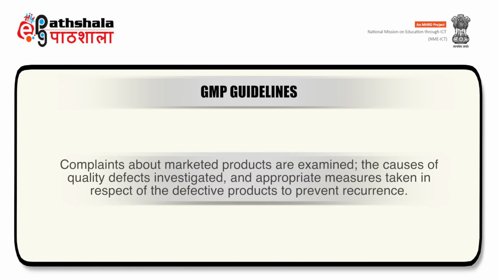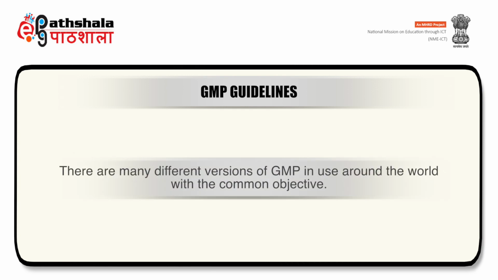Moreover, complaints about marketed products are examined, causes of quality defects investigated, and appropriate measures are taken in respect of defective products to prevent recurrence. There are many different versions of GMP in use around the world with the common objective.